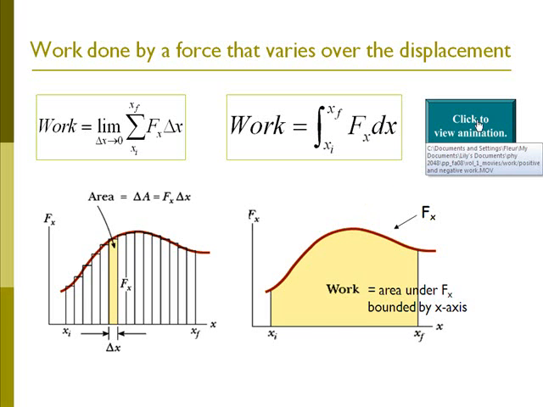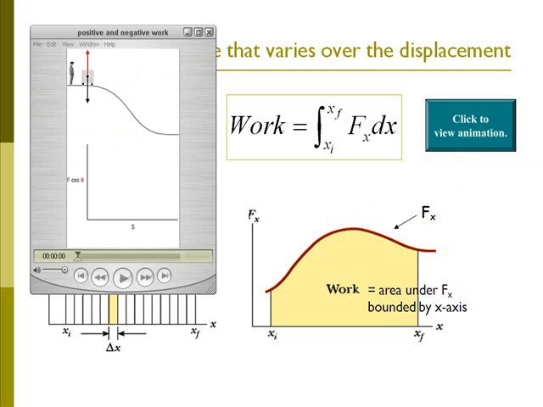Let's view a video animation of work done by a variable force. A box slides down a hill, pulled by the constant force of gravity. In this case, the displacement changes direction. To determine the work done, we need calculus.